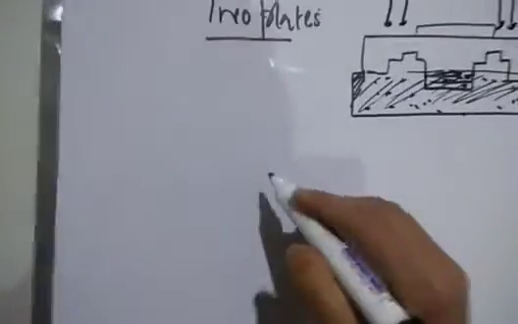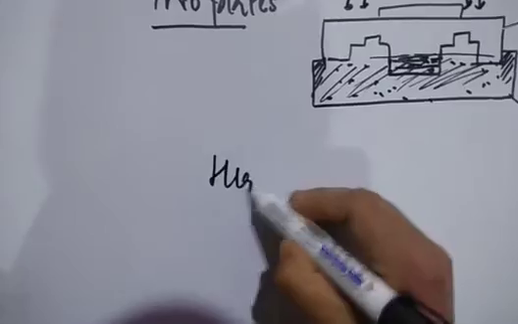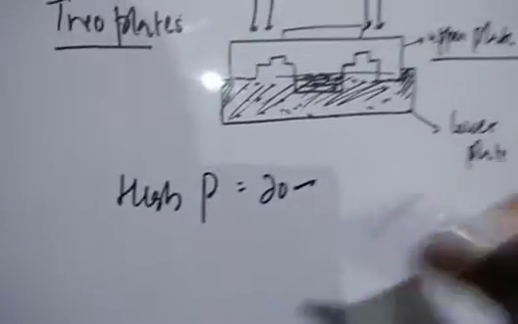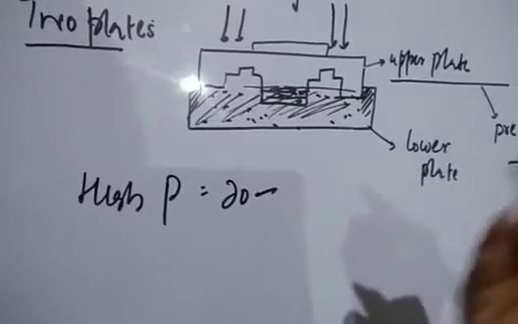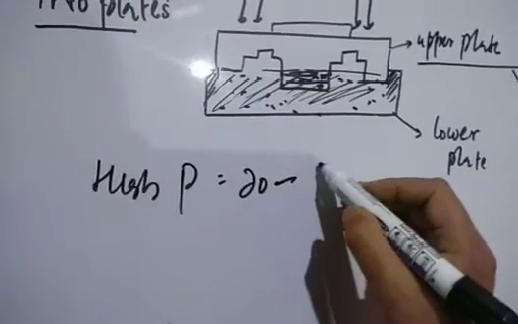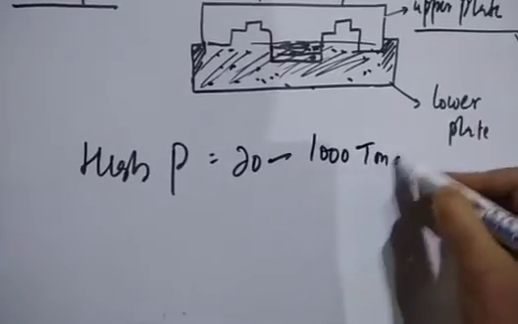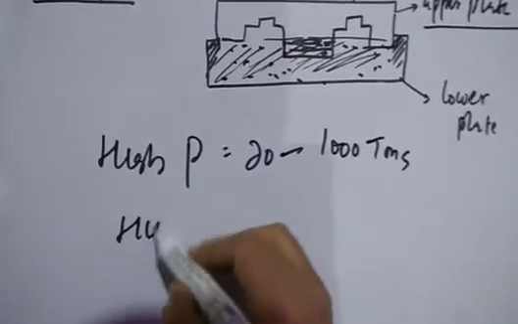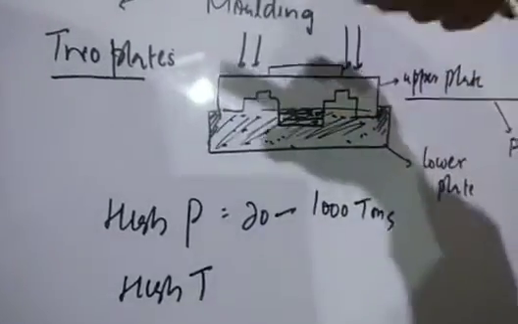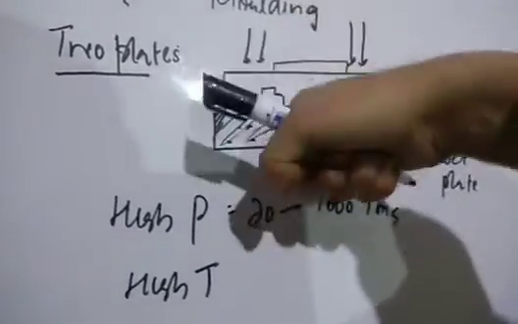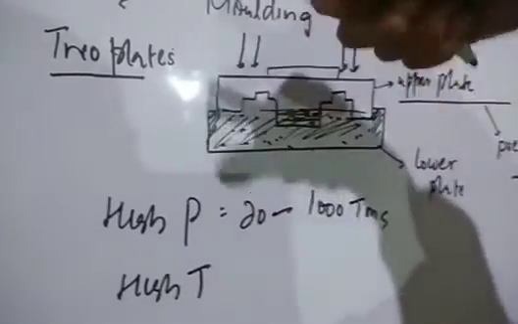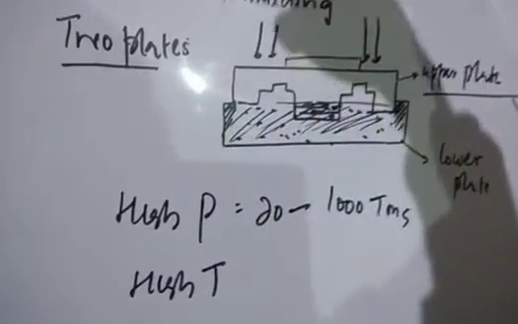So what we do here is utilize high pressure, that is around 20 to, if I remember it exactly, 1000 tons pressure. And the temperature is also very, very high. So under high pressure and temperature, the material that gets compressed gets melted. Now it is melting with the heat, and on top of that there is high pressure.